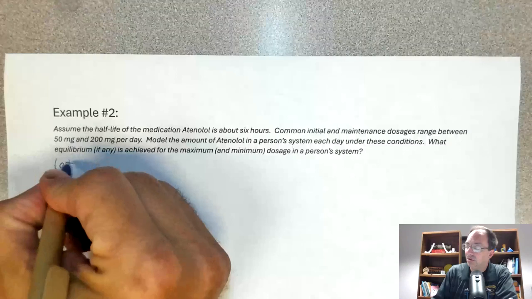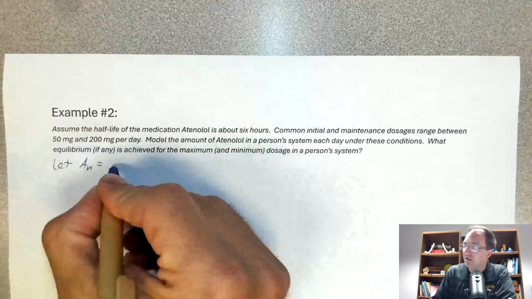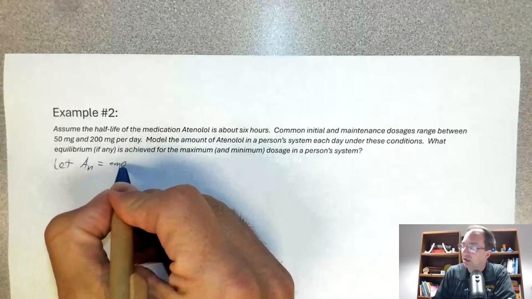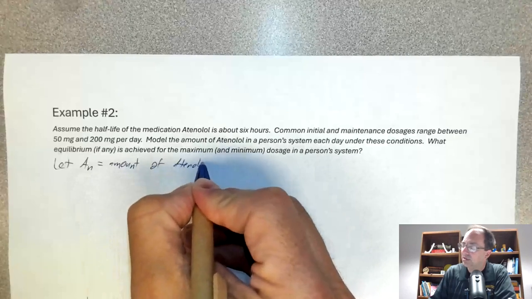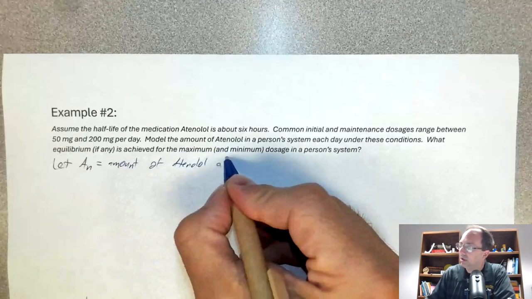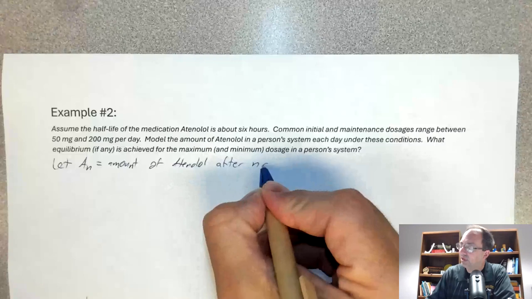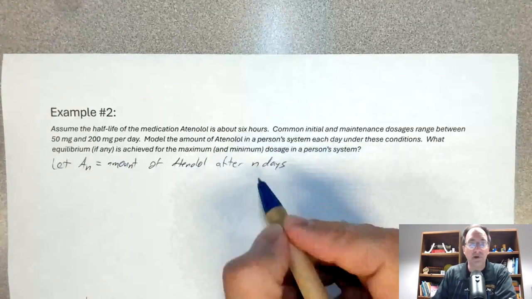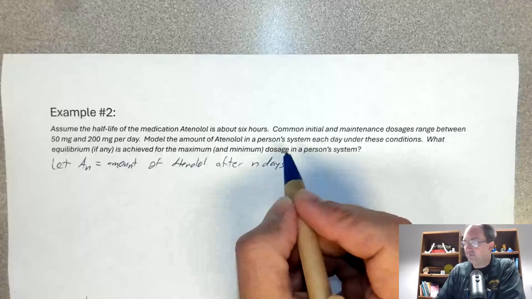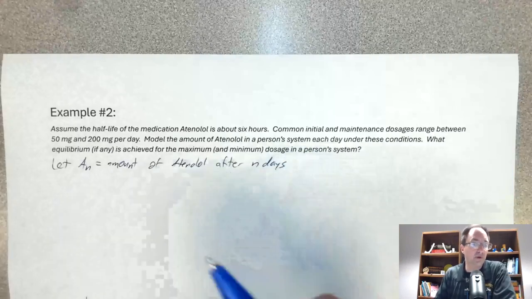So let's start off with A sub n equals the amount of atenolol after n days. Notice we could have maybe done 6-hour periods for our time frame, but for this particular example, we're going to focus on days.